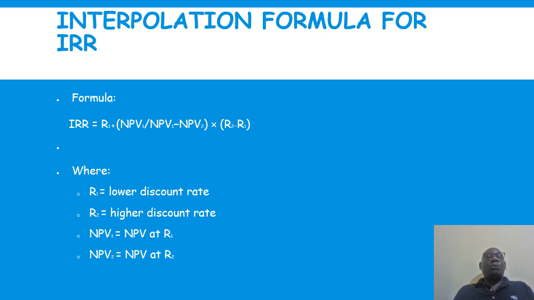Now let's try to understand this formula in depth. It's important to be mindful that R1 is simply the lower discount rate and R2 is the higher discount rate. NPV1 is equal to NPV at R1 and NPV2 is equal to NPV at R2.